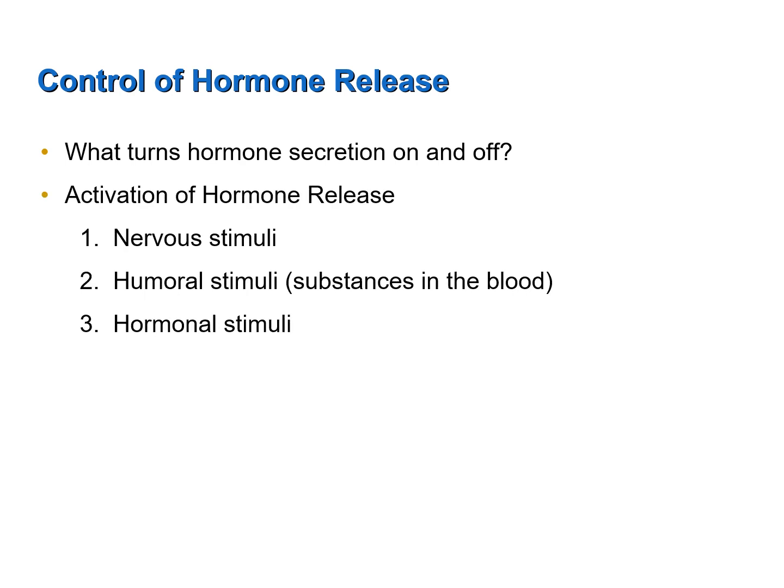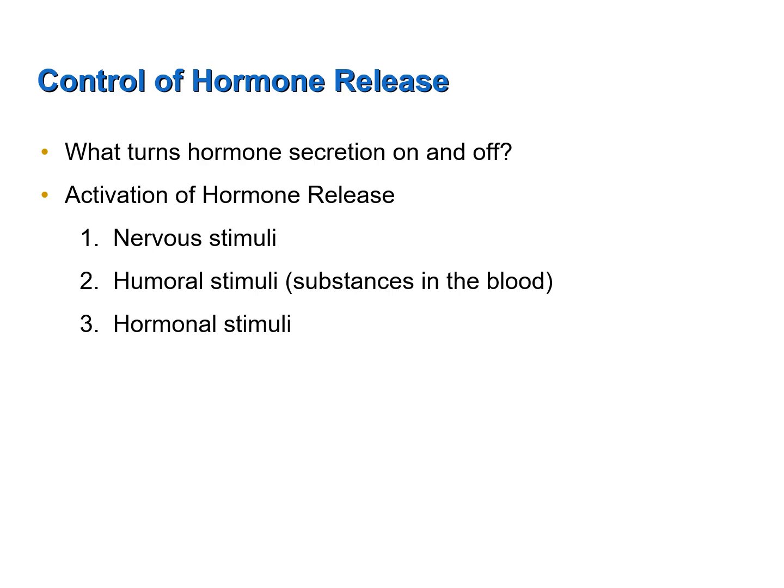And those stimuli fall into one of three categories. Either nervous stimuli, meaning the nervous system is causing the release of hormone, humoral stimuli, meaning there is some change in the blood that causes the release of the hormone, or you can have a hormonal stimulus where one hormone causes the release of another hormone.